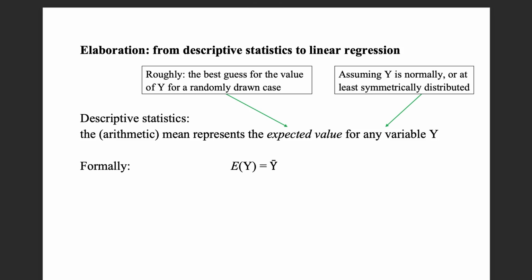So formally, we would say that the expected value, so the E stands for the expected value for our variable y, then is identical to the mean value on our dependent variable y. So the expected value in that case is represented by the mean value of y. And that mean value we can also write as a model.